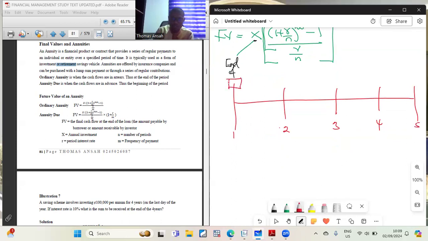And this is the start of year 1. This is the end. So as you can see, there's the start or the beginning, and the end. So start, end, start, end, start, end, start, and end.